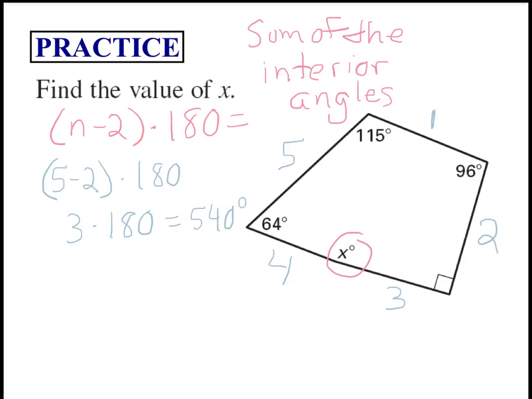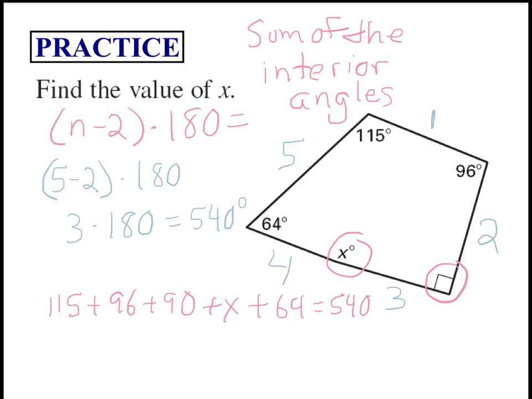So we figured out the total of what's happening inside of the polygon. Now we have to figure out what x is. To do that, we need to add up all these values and set them equal to 540. So we add up 115 plus 96 plus 90, remember this is a right angle, plus x plus 64 equals 540.